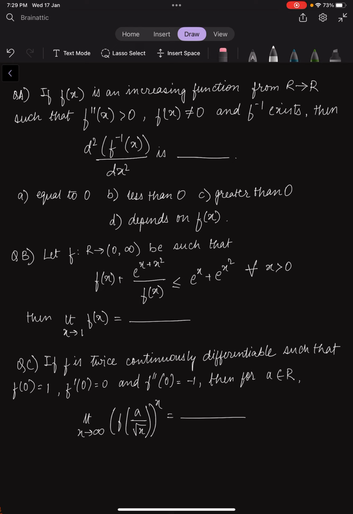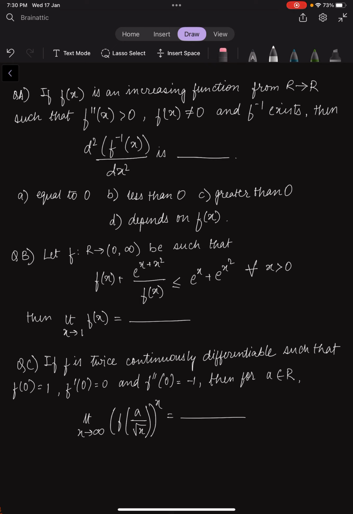Next question is, if a function f from R to 0 to infinity is such that f of x plus e power x plus x square divided by f of x is less than or equal to e power x plus e power x square for all x where x is positive, then we have to find the limit of f of x when x tends to 1.